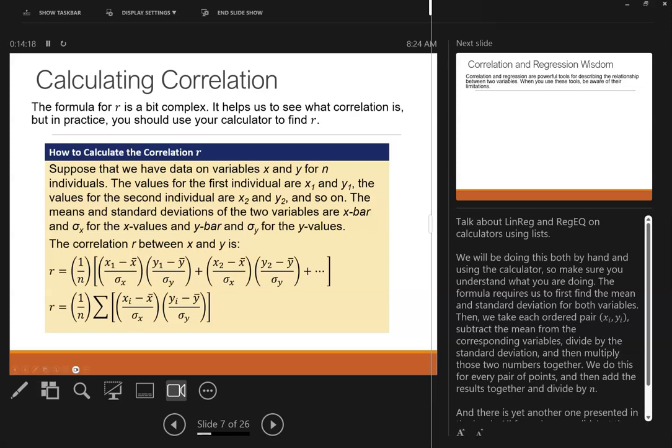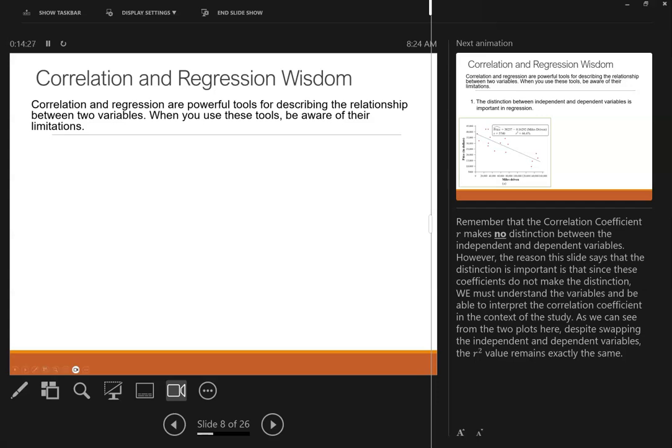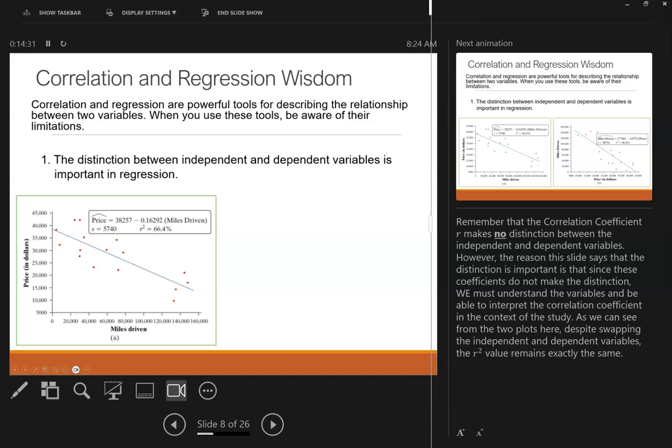So it's basically like a scaled average distance is kind of what this boils down to. All right. So let's look at this data set we have here. This looks like it has to do with miles driven and then the value of a vehicle.